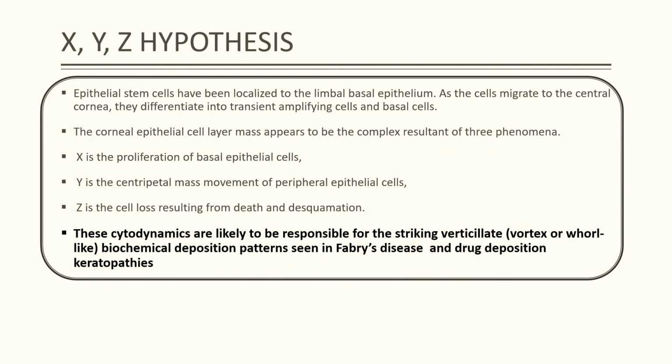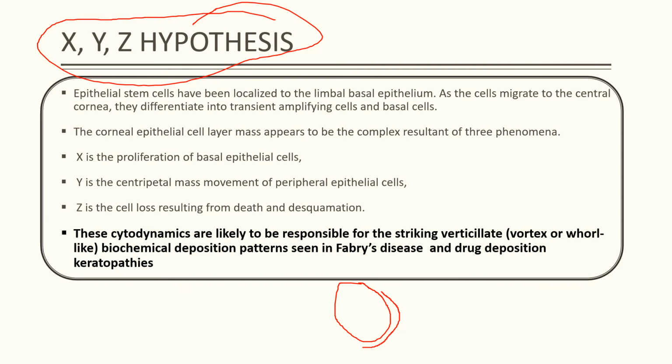Coming on to the important X, Y, and Z hypothesis. Now the epithelial stem cells have been localized to the limbal basal epithelium. See, if this is the cornea, sorry, it's not a circular one, but on the periphery of it, 360 degrees, are the limbal stem cells. So the stem cells have been localized to the limbal basal epithelium.